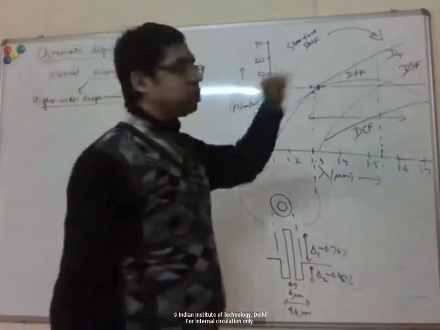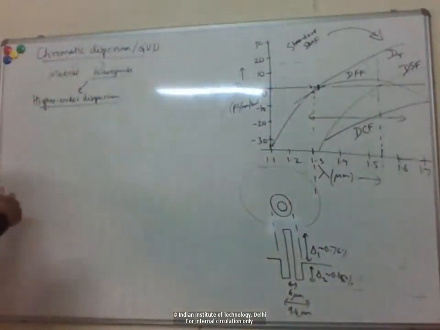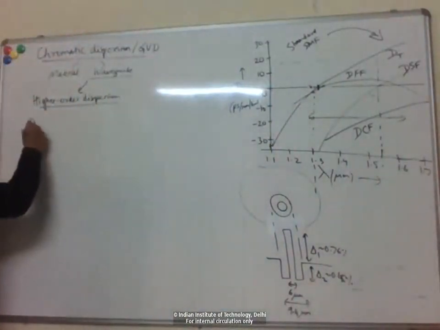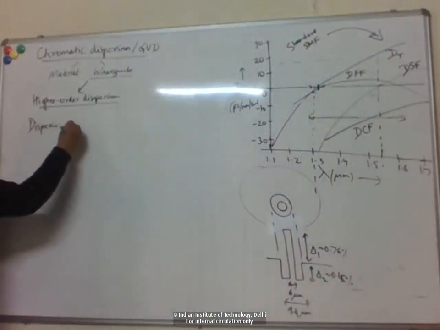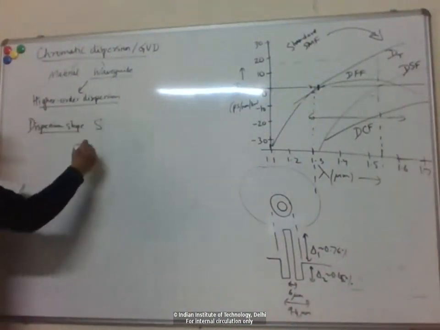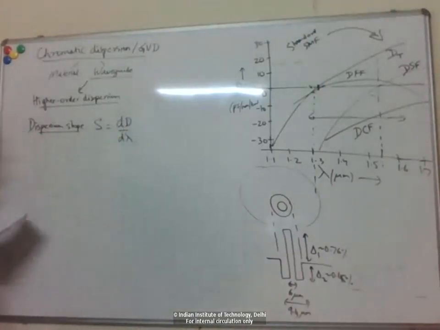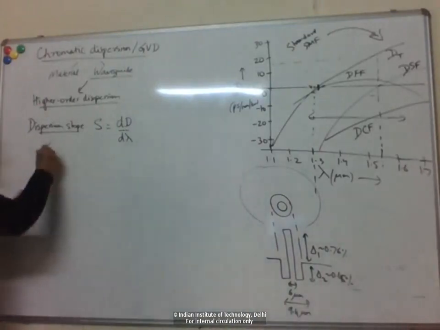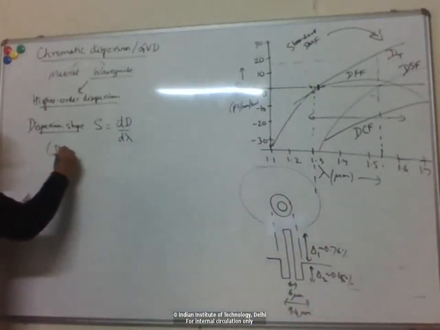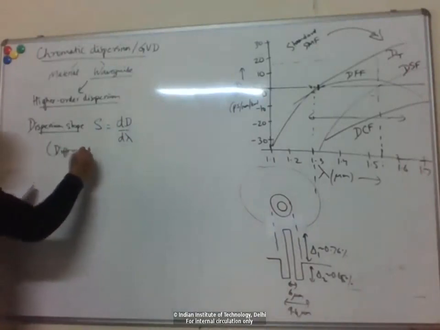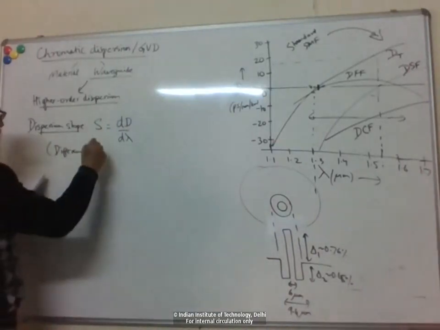So there is a slope to the dispersion, right? So if I define a dispersion slope S, which is a derivative of the dispersion parameter with wavelength, it's sometimes also called the differential dispersion parameter.